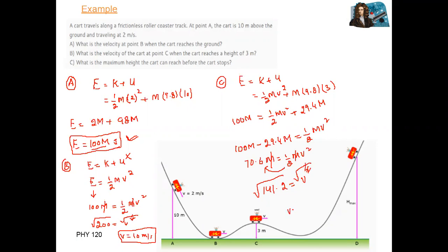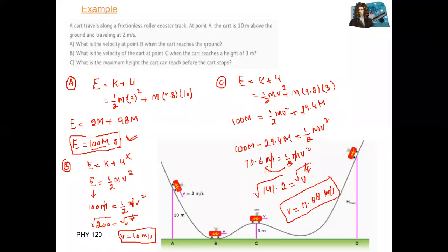V is equal to the square root of 141.2, which is 11.88 meter per second at position C.